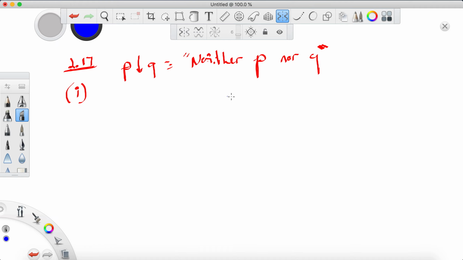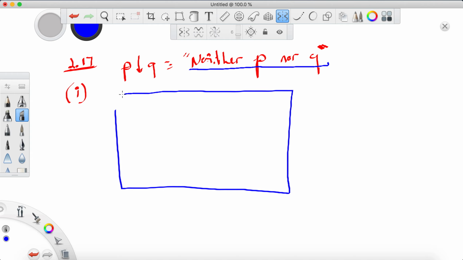Basically the idea is just using this expression, neither P nor Q, we want to, motivated by how English works, determine when this should be true. We have two variables, so let's work backward.